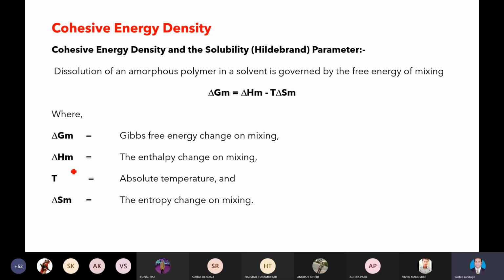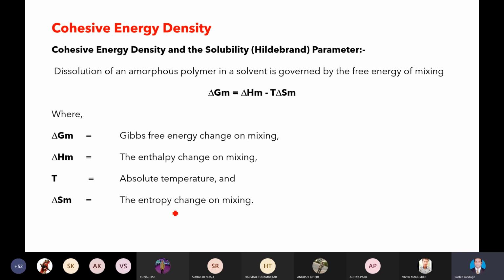Delta Hm is the enthalpy change on mixing. T is the absolute temperature, which we also have to take into consideration, because if the temperature changes, the Gibbs free energy change on mixing is also going to change. Next, delta Sm is the entropy change on mixing.